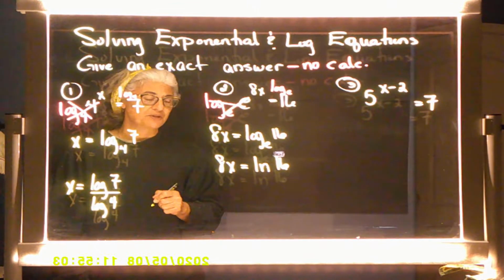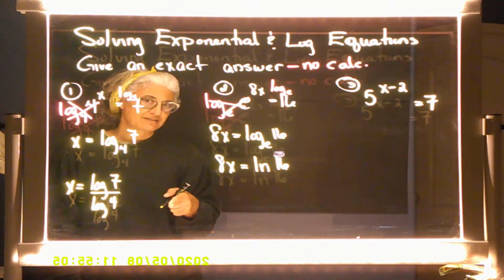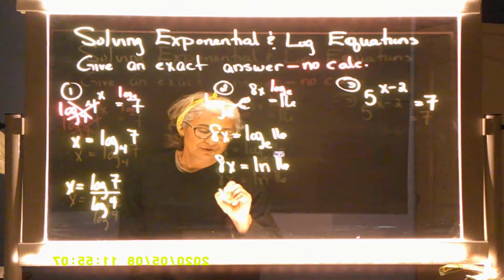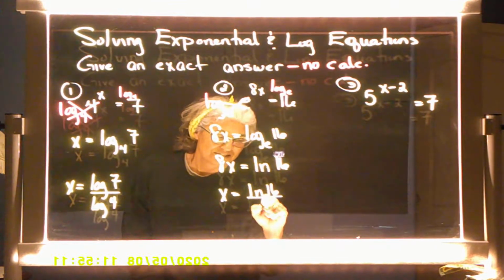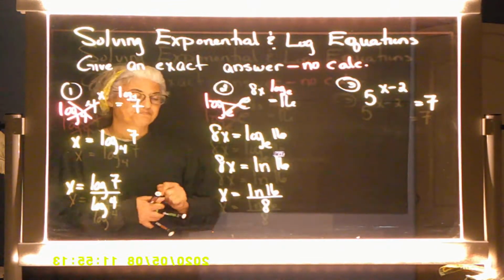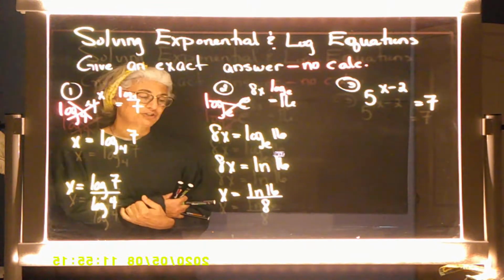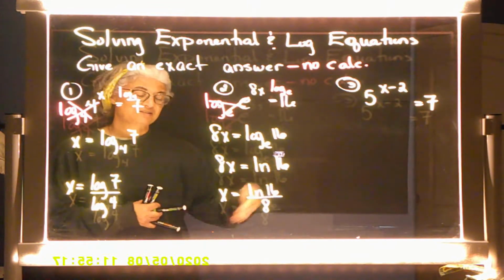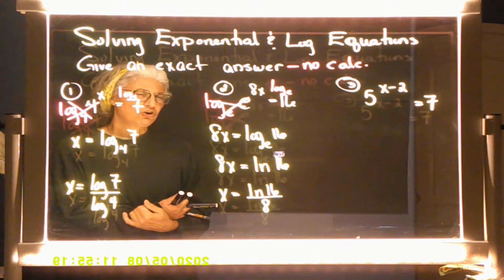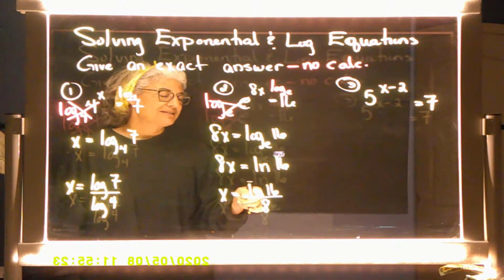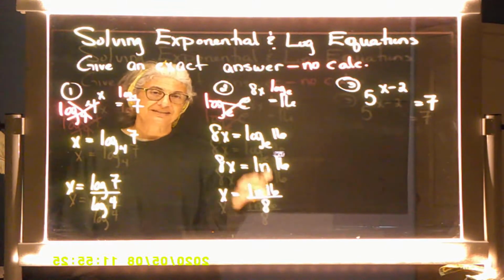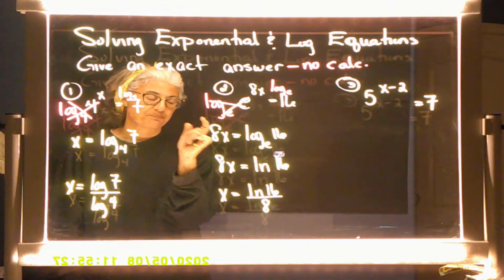Cool? Okay, last but not least, that's right, divide by 8 so you can get the x by itself, which means we have the natural log of 16 divided by 8. Now, question for you. Can you cancel the 8 and the 16? Hopefully you said no. And some of you may be going, well, why? Because this ln and this 16 are stuck together.